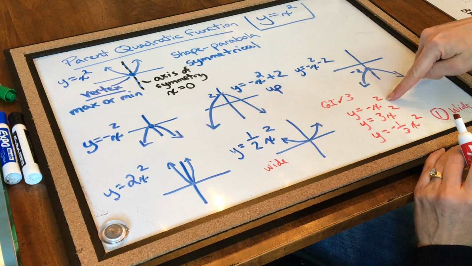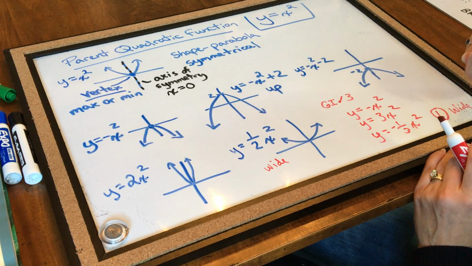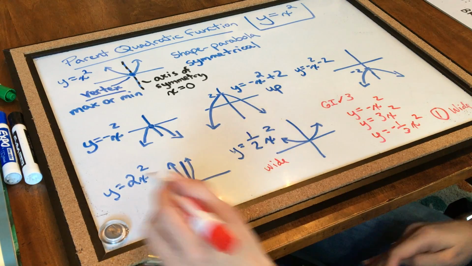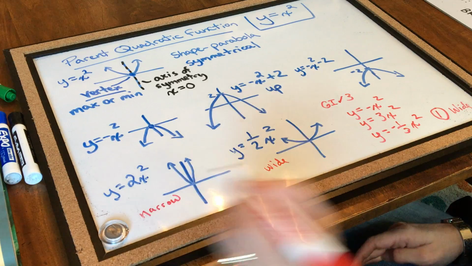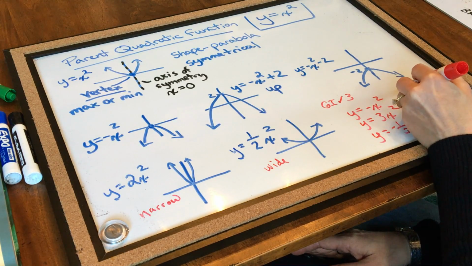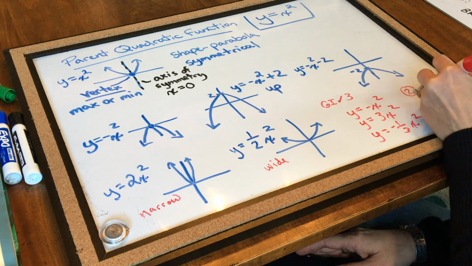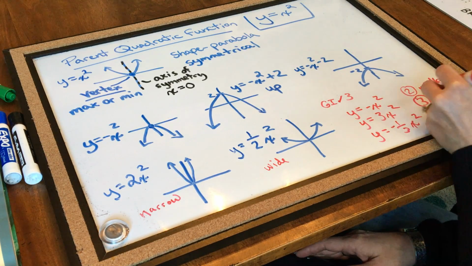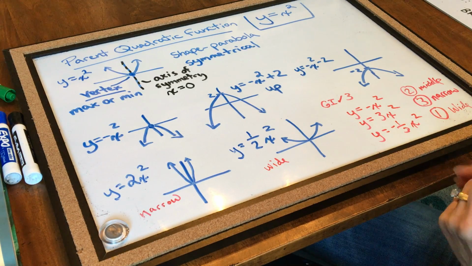This one is negative x squared. This is pretty close to our parent function. And this is 3x squared. Remember, when I multiplied it by a number larger than 1, like over here, this actually made my graph more narrow. So that one is going to be the narrowest. So number 2 is going to be negative x squared. That's going to be in the middle. And my narrowest is going to be this last one, y equals 3x squared.